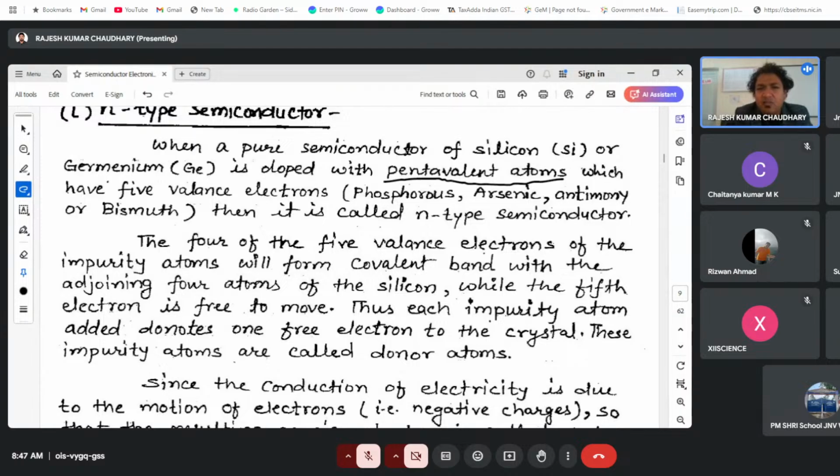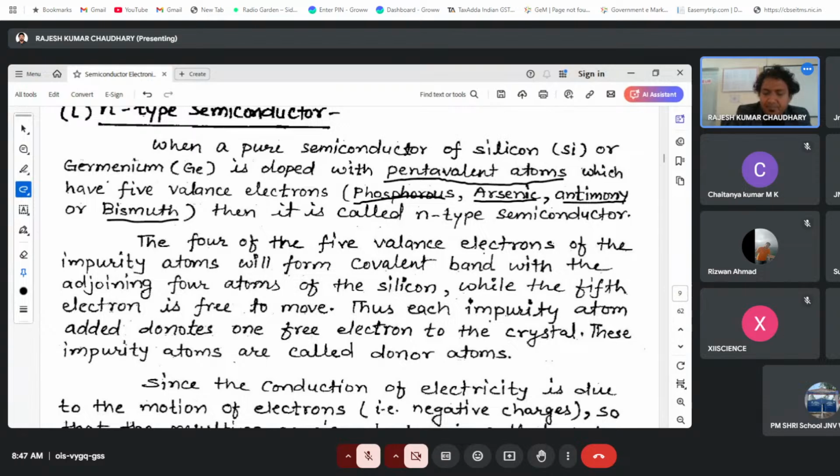Examples are phosphorus, arsenic, antimony, and bismuth. These all are from group 15. They all have 5 electrons in their outermost shell, that's why they are called pentavalents.